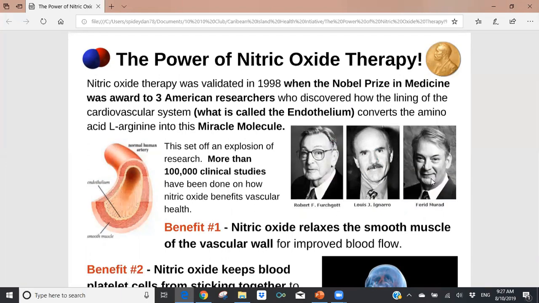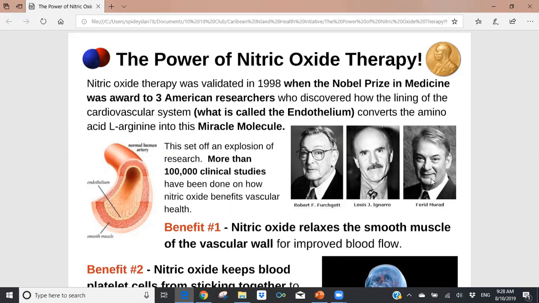In 1998, the Nobel Prize was awarded to 3 American researchers who discovered how this lining of your cardiovascular system, what is called the endothelium, converts this amino acid called L-arginine into nitric oxide, or what's been labeled the miracle molecule. And that set off an explosion of research.